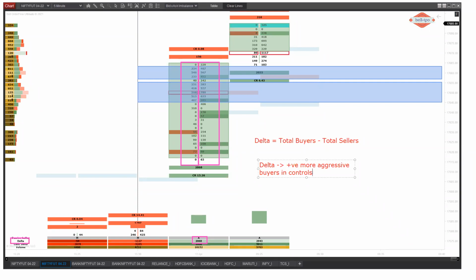Whereas the delta value can go negative also. If it goes negative, we see more aggressive sellers, meaning more market orders coming on the sell side. At any given point of time, we will see a continuous flow of buy market orders and sell market orders into the system. They will keep actively moving the markets up and down.